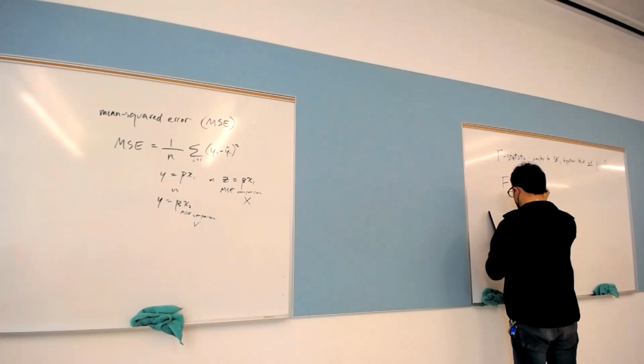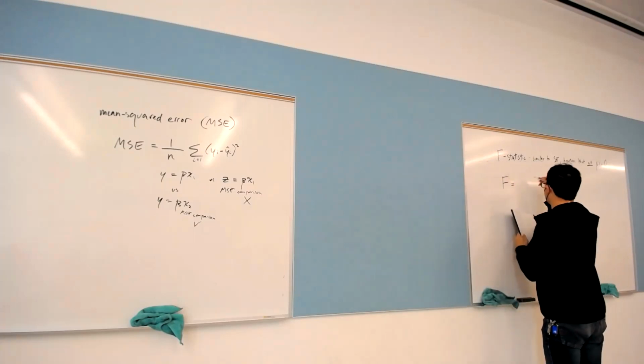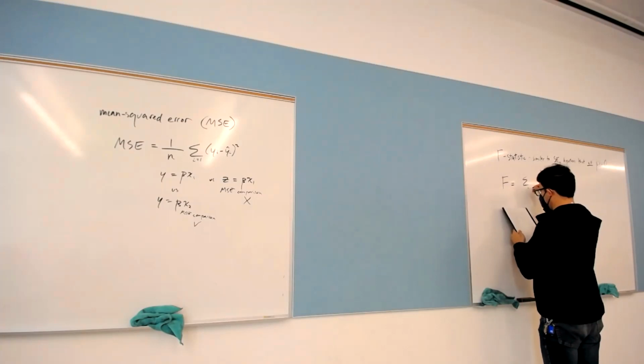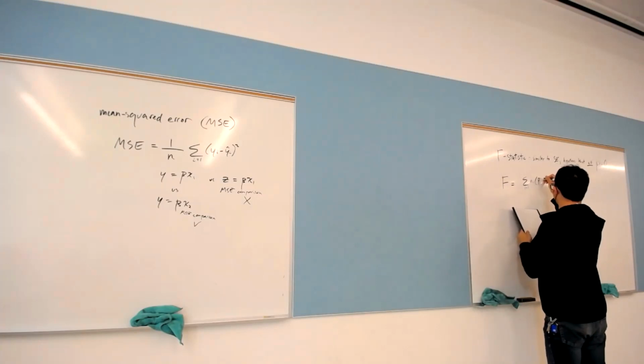This one is slightly more complicated. Okay, so sum i equals 1 and i times y hat.